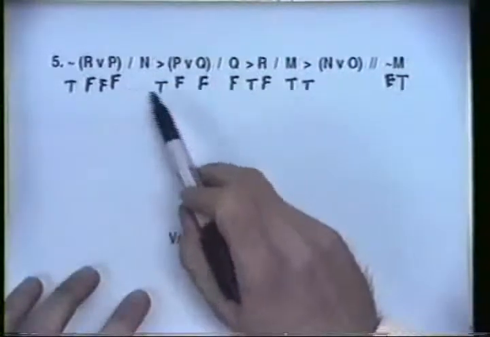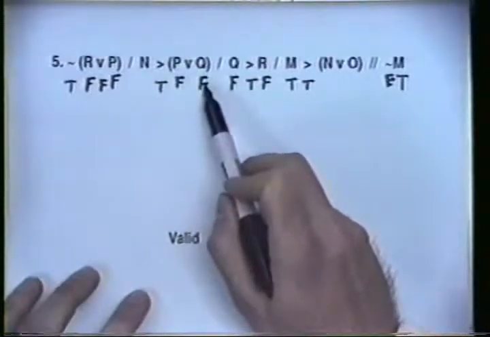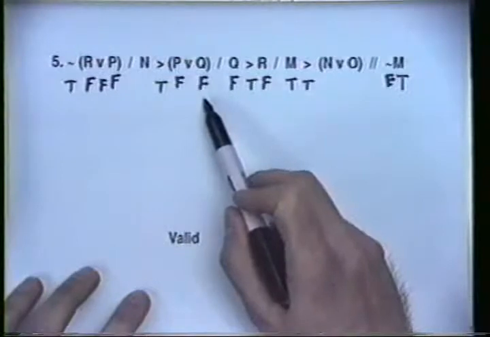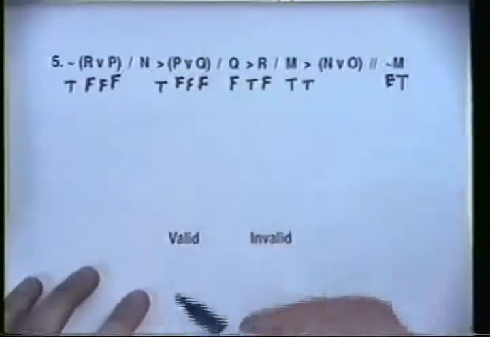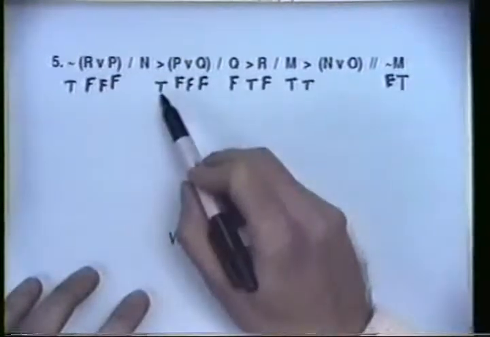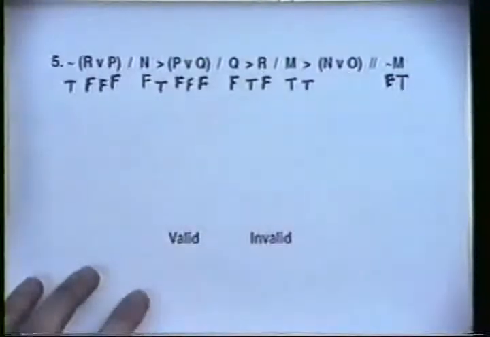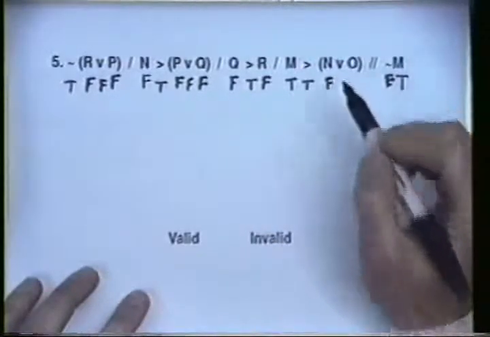Now the question is, can I generate a line on which P and Q are false, but this whole premise is true? If these are false, the disjunction is false. If this entire conditional is true, then the N must be false in order to make that conditional true. That means then the N over here must be false.